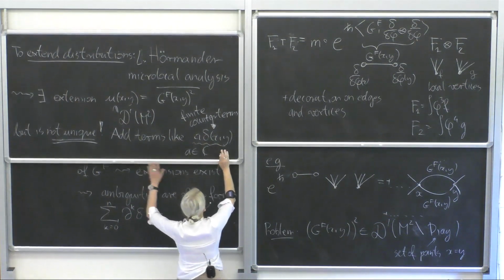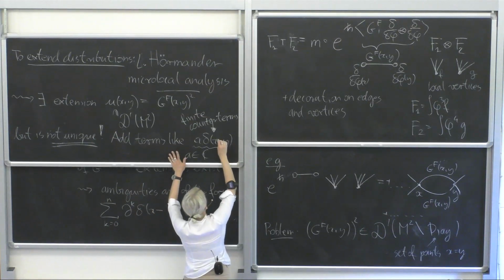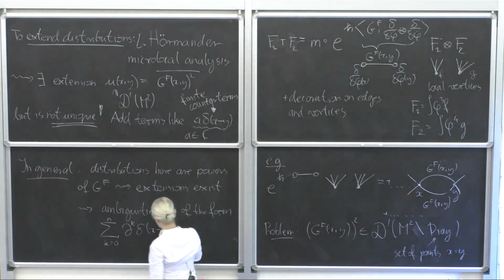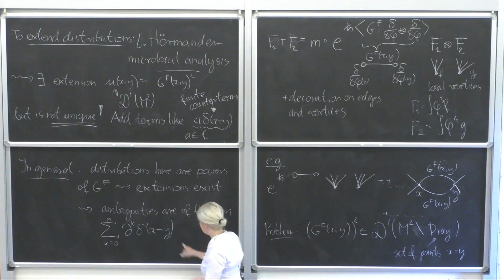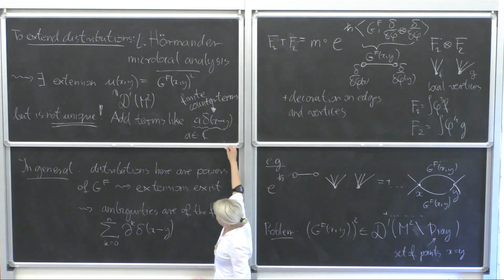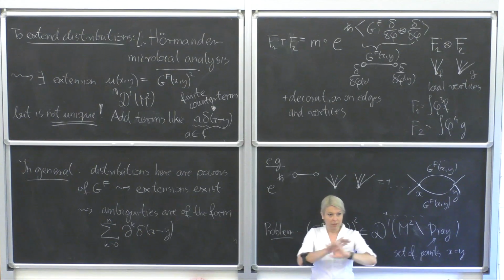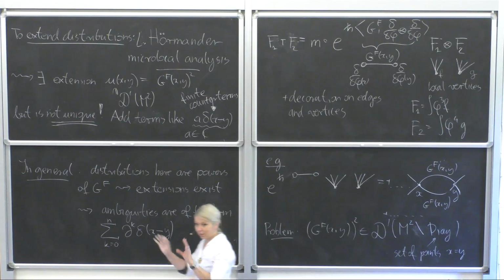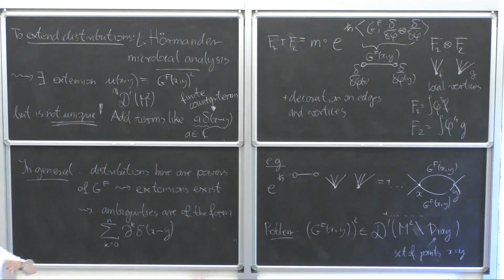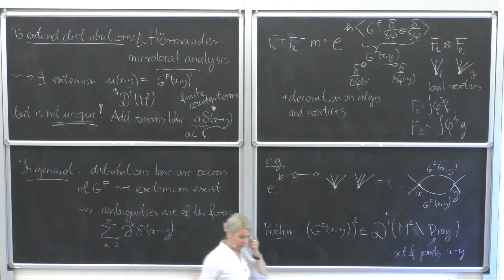Should actually write x minus y. Again, add indices, add signs, add different fields. This is just a broad sketch and skeleton of what's going on.